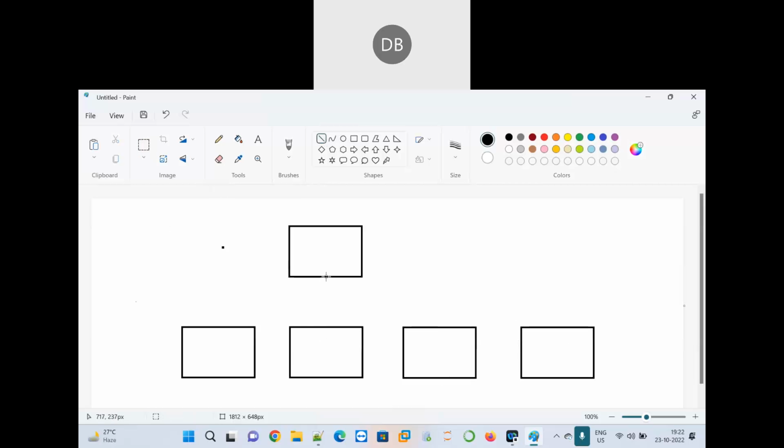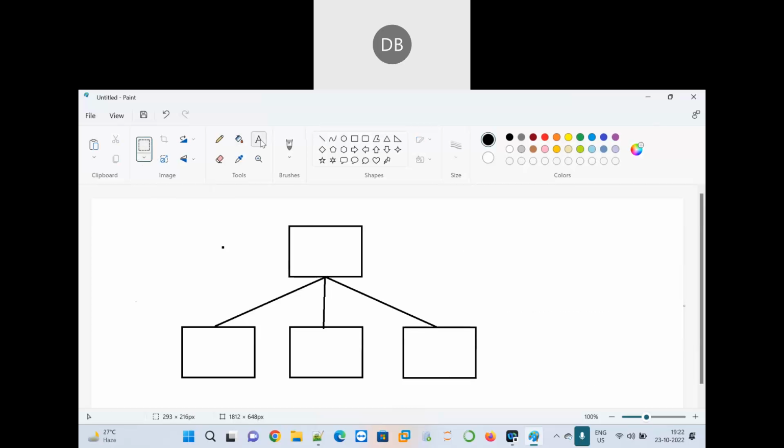Let's say these are the different nodes. Let's say it is a master node, located in Bangalore.